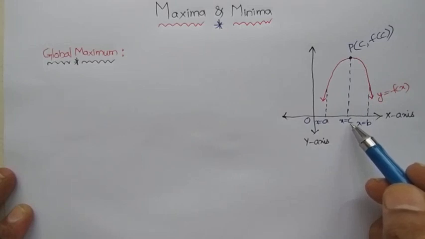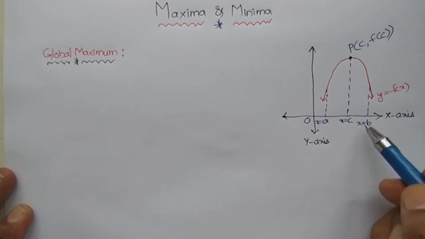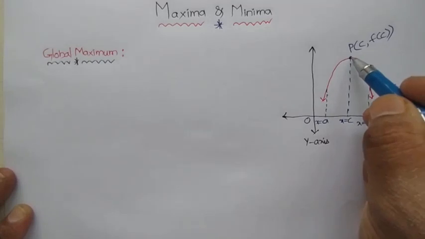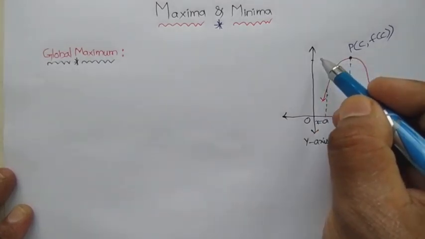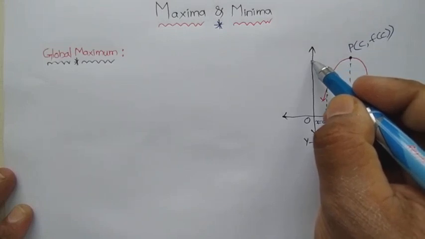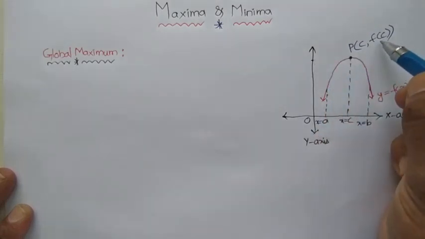Whenever this point c belongs to the closed interval a comma b, it attains the maximum value, isn't it? Look at this point. What is this point? It is f of c.